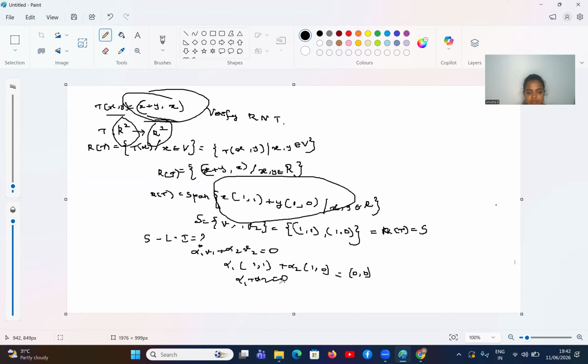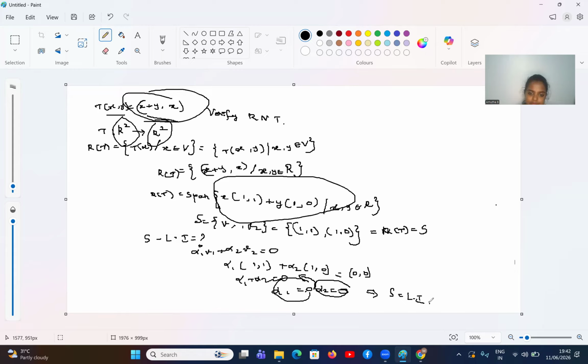If we simplify, we get alpha 1 equal to 0. If we substitute alpha 1 equal to 0 in the first equation, alpha 2 equals 0. Both the alphas are 0. That's why the set S is linearly independent.